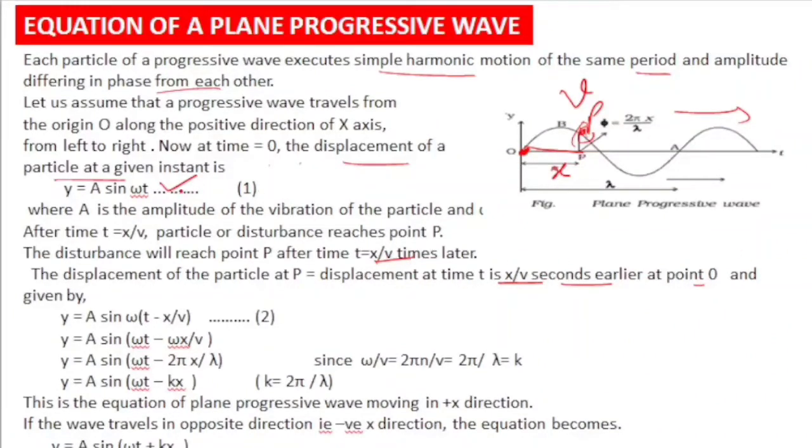At point O the equation is y equal to a sine omega t. So t time earlier means you just replace t by t minus x by v. This is the displacement of the particle at point P.